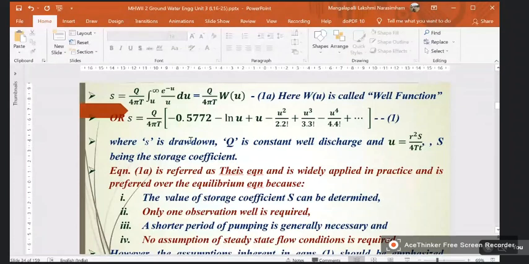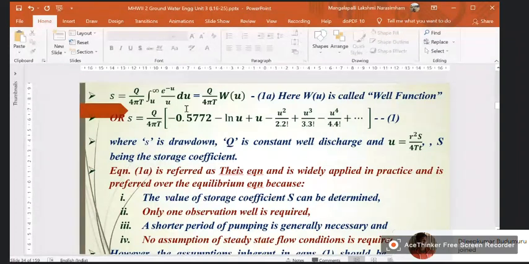If you consider any time, say for example, 1 hour, you are interested in finding the drawdown small s corresponding to a time of t equal to 1 hour at a point which is radially located at a distance of r, say for example 5 meters.